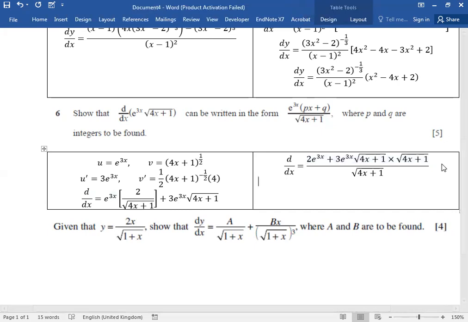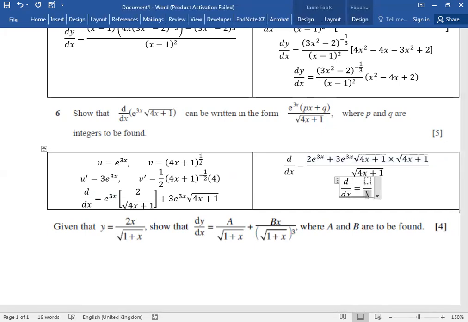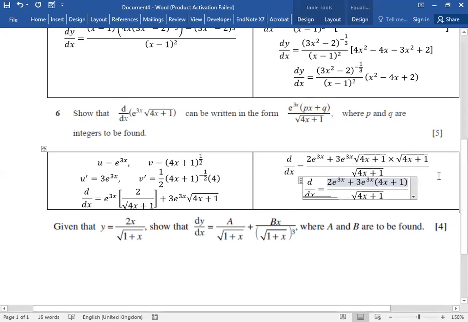So when square root of 4x plus 1 will multiply by square root of 4x plus 1, what will I be left with? Very good. I'll be left with 4x plus 1, so 2e to the power 3x plus 3e to the power 3x into (4x plus 1). Is this right?